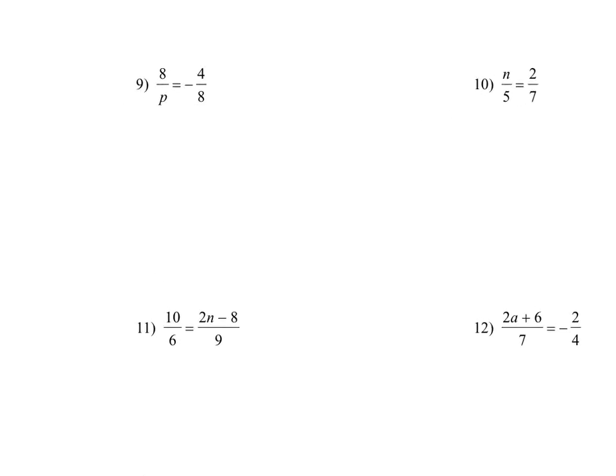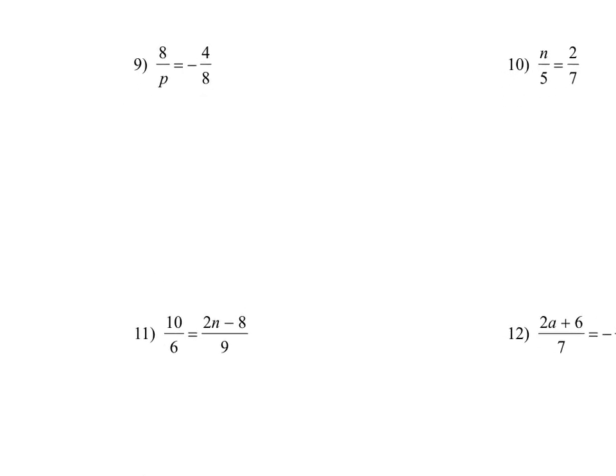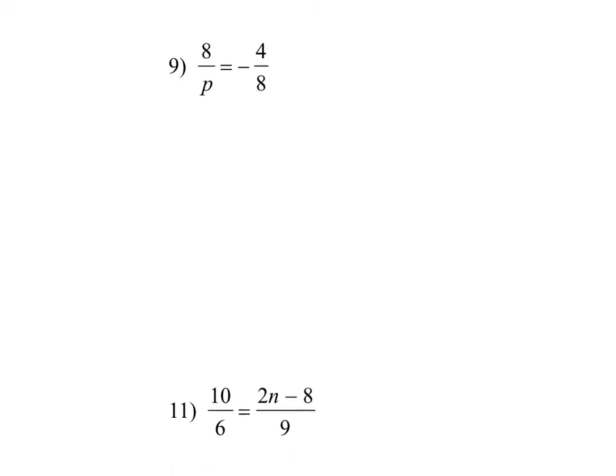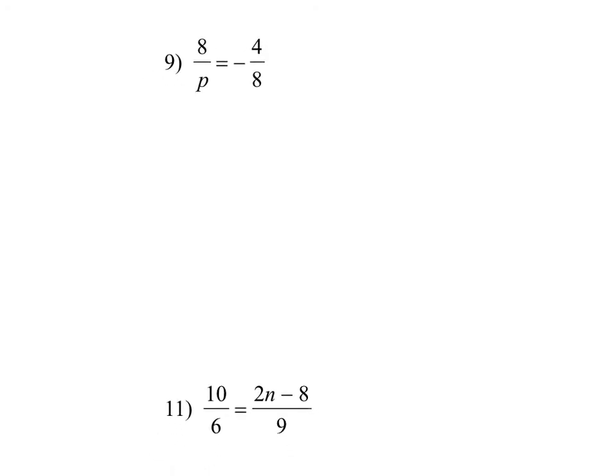All right, as we go over to the back, you're going to see that the problems kind of start over again, and it's just kind of a big thing to make sure that we're good and we know what's going on here. Okay, so looking at these, the first thing that I see is there's a negative, so I want to make sure that that negative goes to the top, and then it's all about cross multiplying. I'm going to end up with 8 times 8 and p times 4. So I end up with my blue line being 8 times 8.